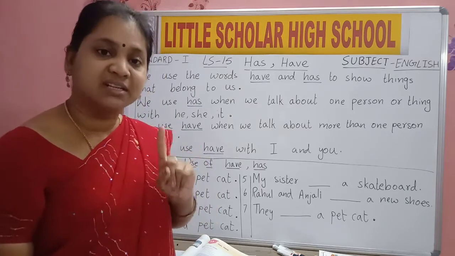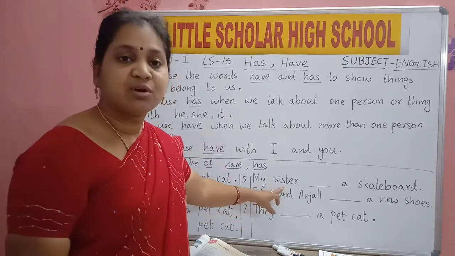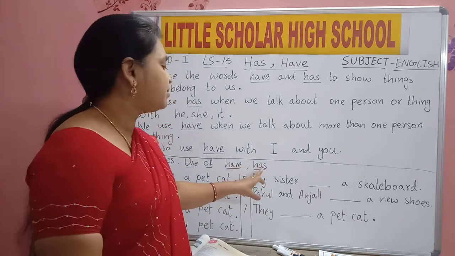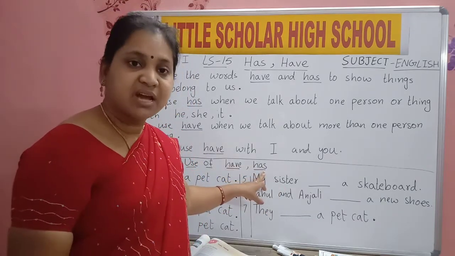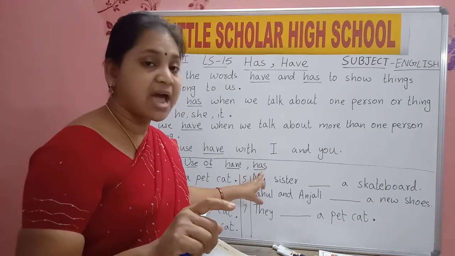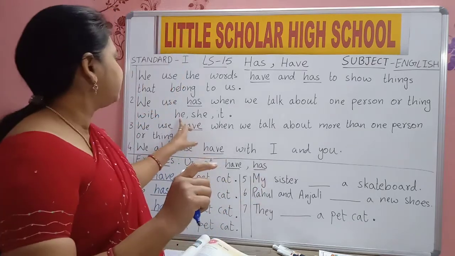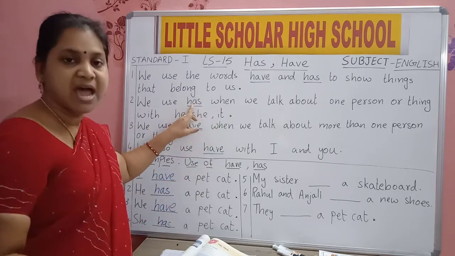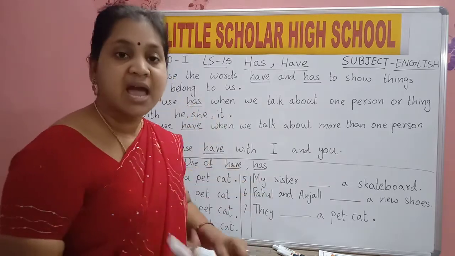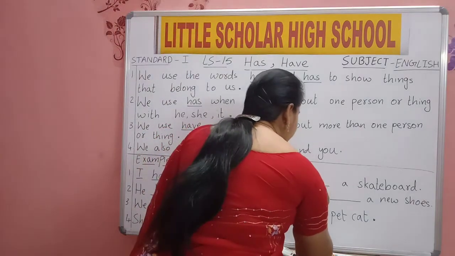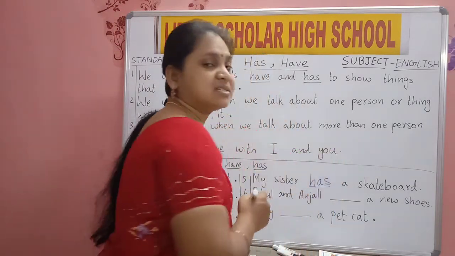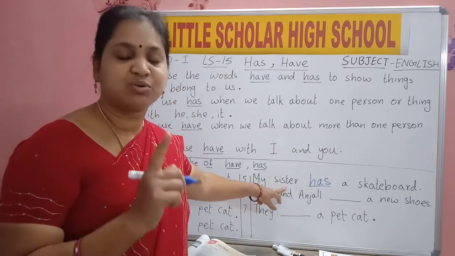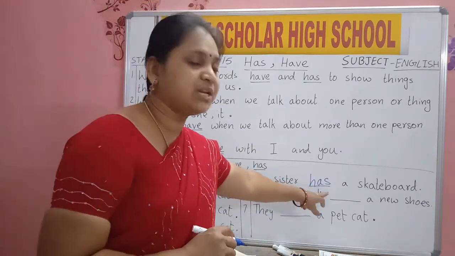When we are talking about only one, he, she, it, we should use has. So, my sister has a skateboard. Sister means only one girl here, so we will use has.